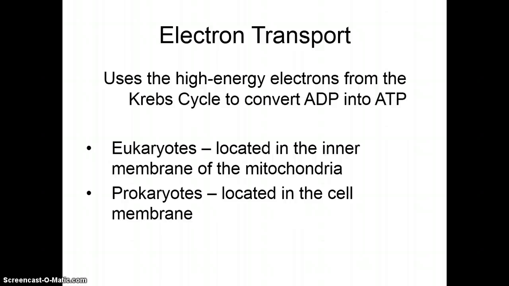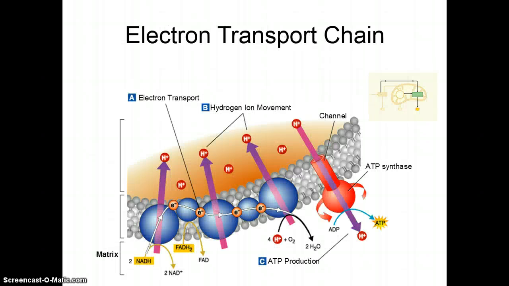So in eukaryotes, this happens in the mitochondria. In prokaryotes, since they don't have a mitochondria, this happens in the cell membrane. But in eukaryotes, it happens in the inner membrane of the mitochondria. So here is your electron transport chain.